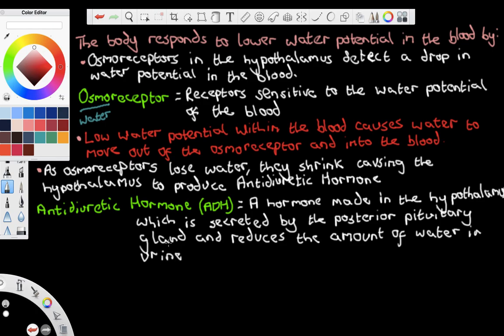So antidiuretic hormone, or ADH, is a hormone made in the hypothalamus which is secreted by the posterior pituitary gland and reduces the amount of water in urine.